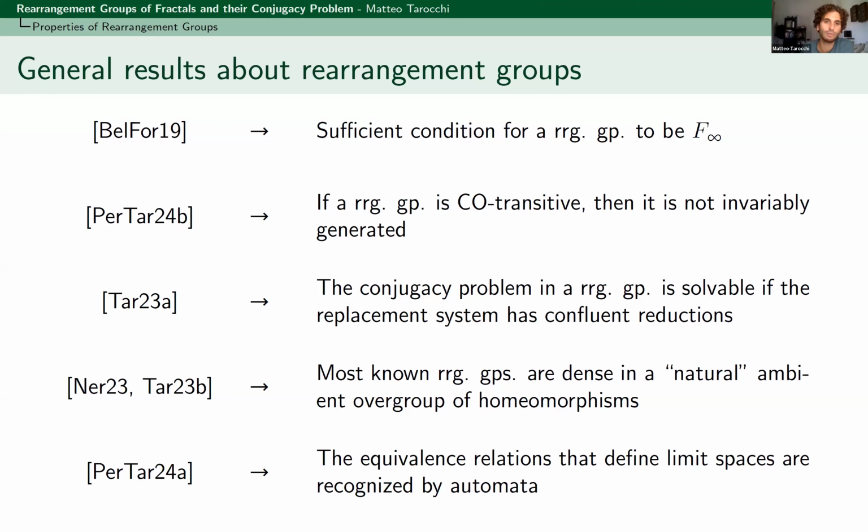Together with W. Perigon, we actually proved that there is an algorithm that builds the automaton based on the replacement system. It's a fairly intuitive way in which it builds the automaton. The automaton actually keeps track of the edge adjacency in the graphs. So I think this is a pretty neat construction.